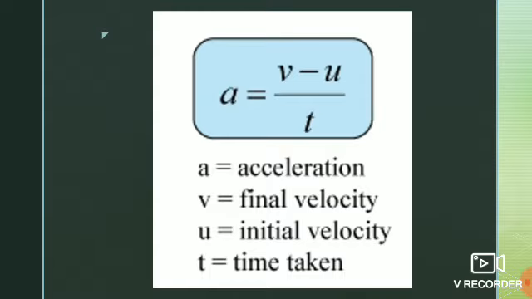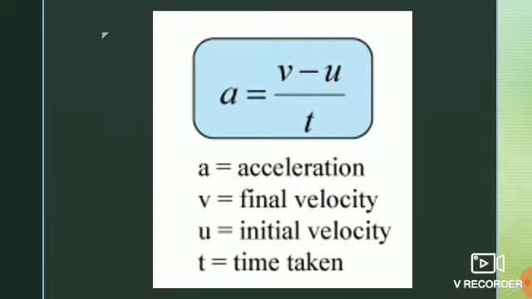Students, if the velocity of an object changes during a certain time period, then it is said to have accelerated motion. An object in motion can have two types of acceleration. In a previous session, we discussed two types of motion, uniform and non-uniform linear motion. Similarly, here we have uniform acceleration and non-uniform acceleration.